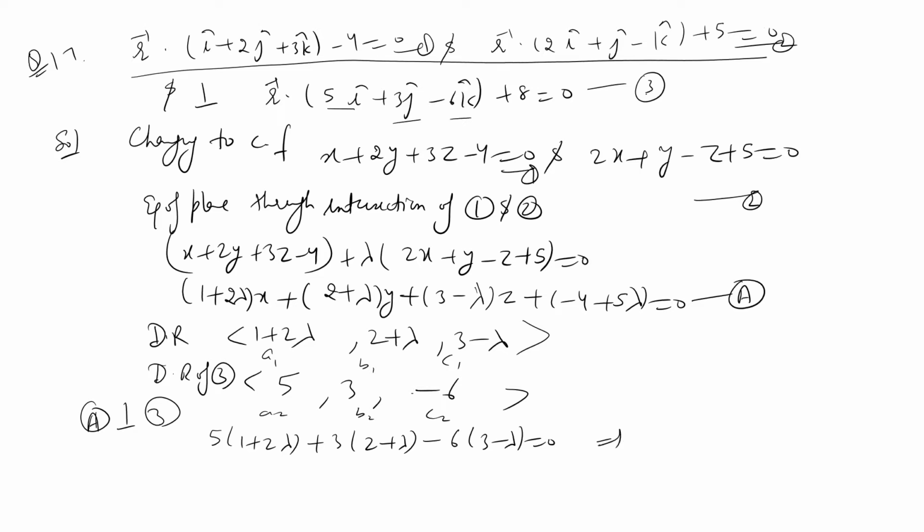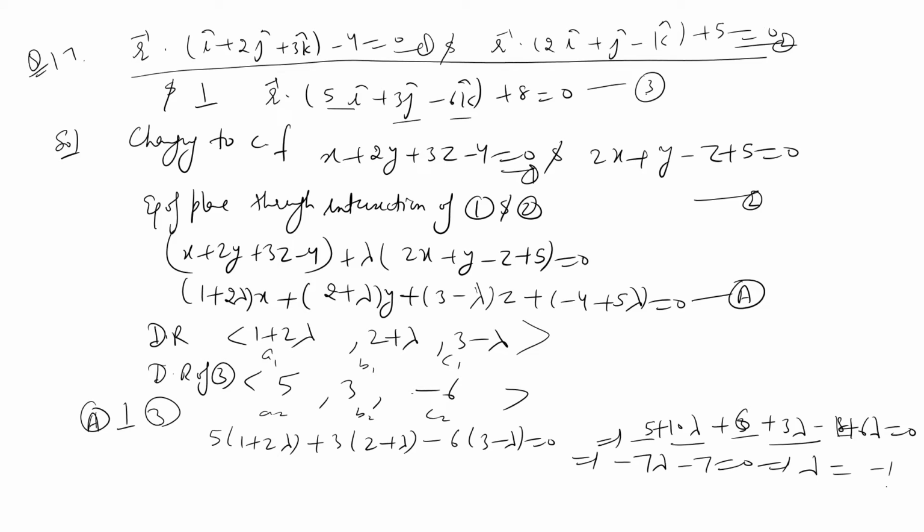This implies 5 plus 10 lambda, 6 plus 3 lambda, minus 18 plus 6 lambda equal to 0.